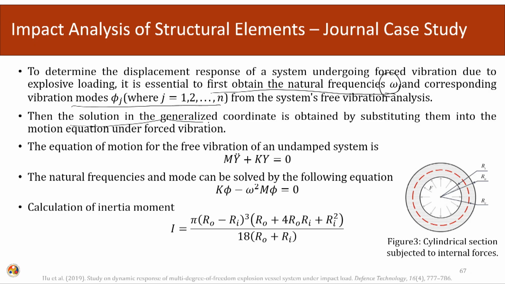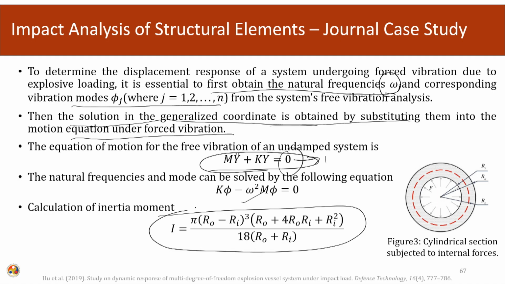The solution in the generalized coordinate is obtained by substituting them into the equation of motion under forced vibration. This is the equation of motion of an undamped system under free vibration. We made the forcing function 0, then calculated the frequencies and the mode shapes. After that we can also use this equation to calculate the inertia moment.